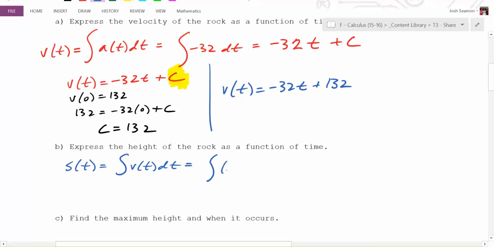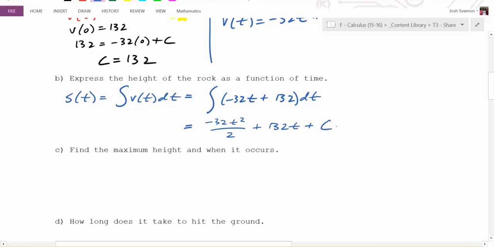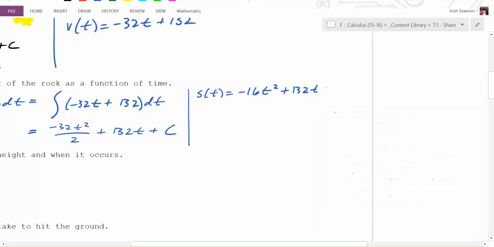So we have the integral of negative 32t plus 132 dt. Can someone integrate that for me? Let's simplify that a little bit. So we now know s of t is equal to negative 16t squared plus 132t plus c.